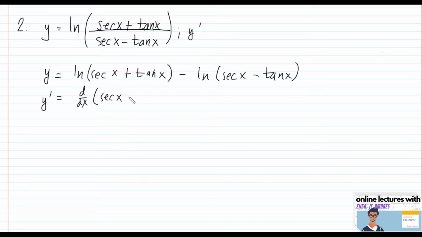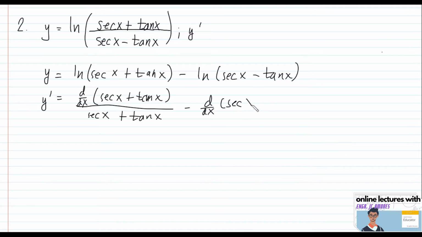Our u here is secant x plus tangent x, all over secant x plus tangent x, minus the derivative of secant x minus tangent x, all over secant x minus tangent x.